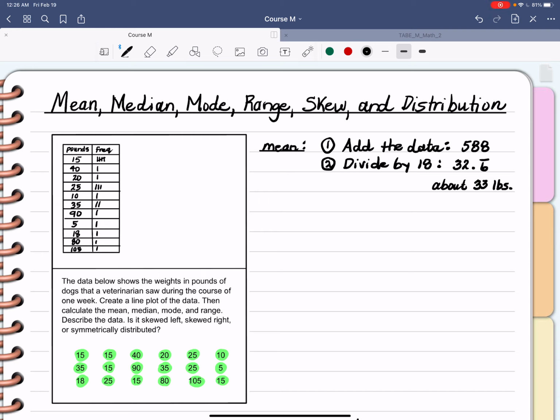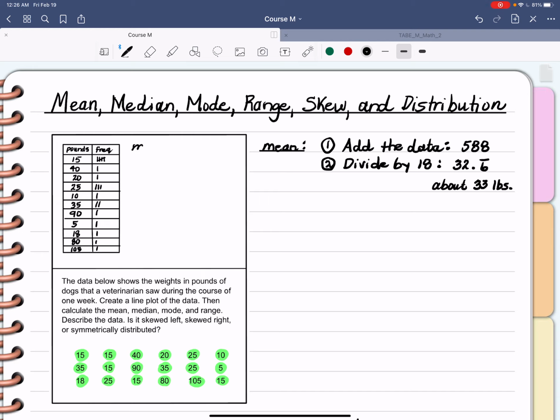Now you might be thinking, but there was no dog in this visit that weighed 33 pounds, and that's right. We are just talking about an average. We're not saying that a dog weighed 33. We're just saying that that's the average weight for these dogs. So the next dog that walks in the door, I would expect it to weigh around 33 pounds, just on average.